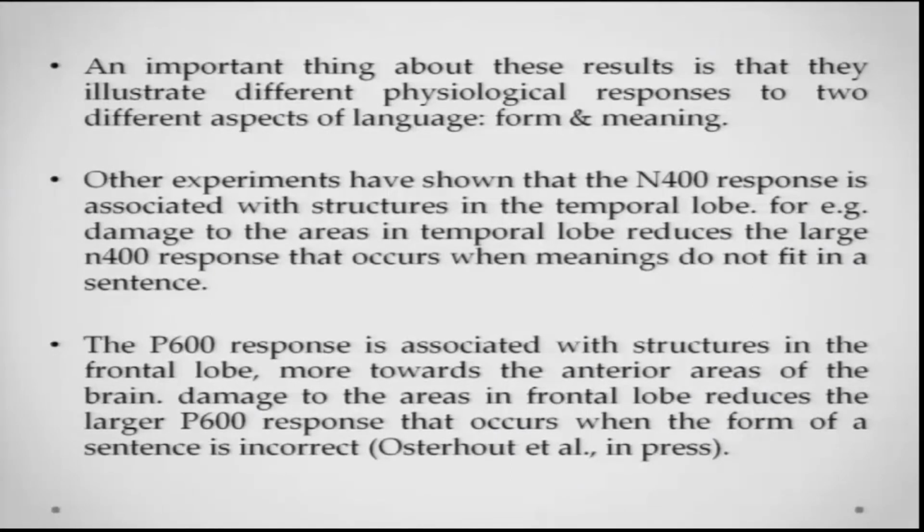Damage to these areas in the frontal lobe has been found to reduce the larger P600 responses that occur when the form of the sentence is incorrect. In that sense, you can estimate that these areas are involved in this kind of processing at that particular time scale.